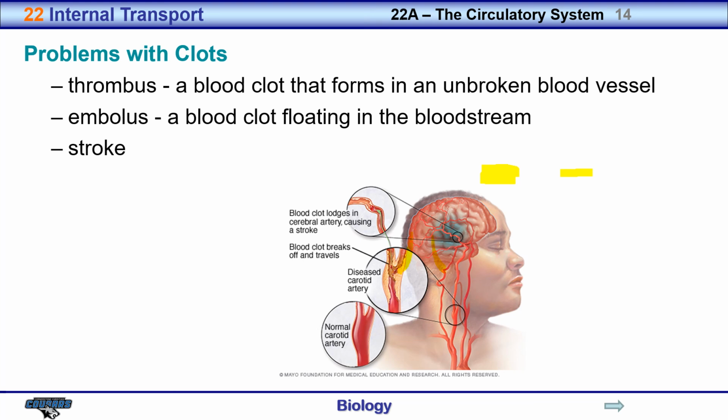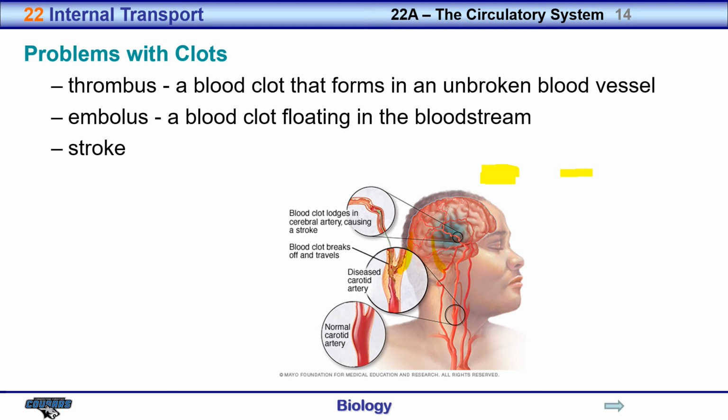So blood clots can cause that. The other kind, in addition to stroke, that's not listed here, is a heart attack. If this lodges in one of the important vessels that nourishes the heart, you can have a heart attack. So blood clots are good except in these situations that we've just talked about.